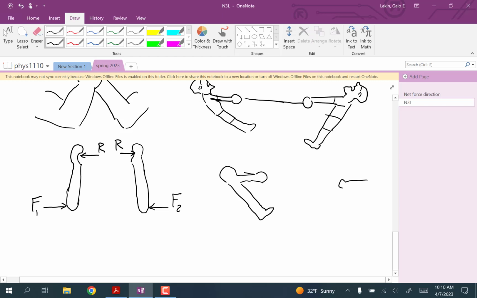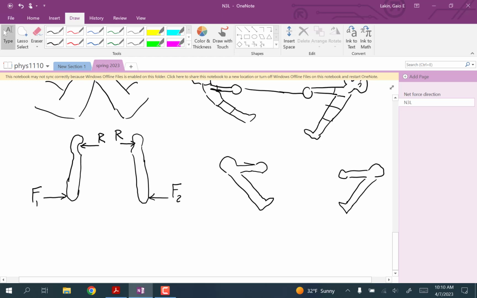So let's think about the two free body diagrams. On this person, there is a weight force. There's a normal force. There's a friction force from the ground. And then there's a cable force.